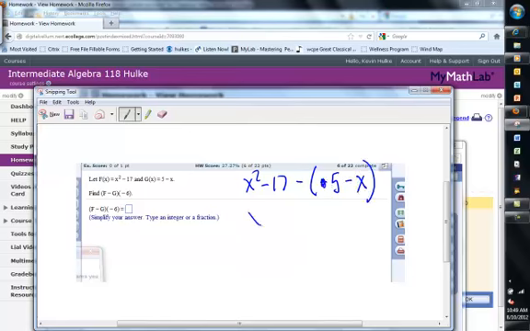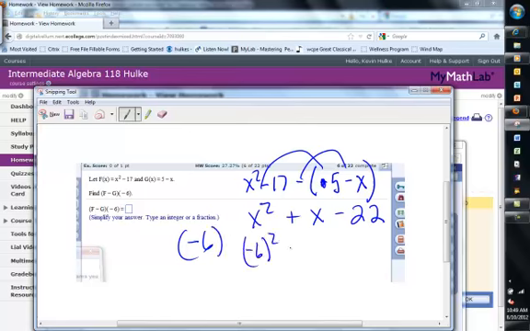So it'll be x squared plus x minus 22, and we substitute in negative 6. So it'll be negative 6 squared plus negative 6 minus 22. Negative 6 squared is 36, minus 6 minus 22 is 8.